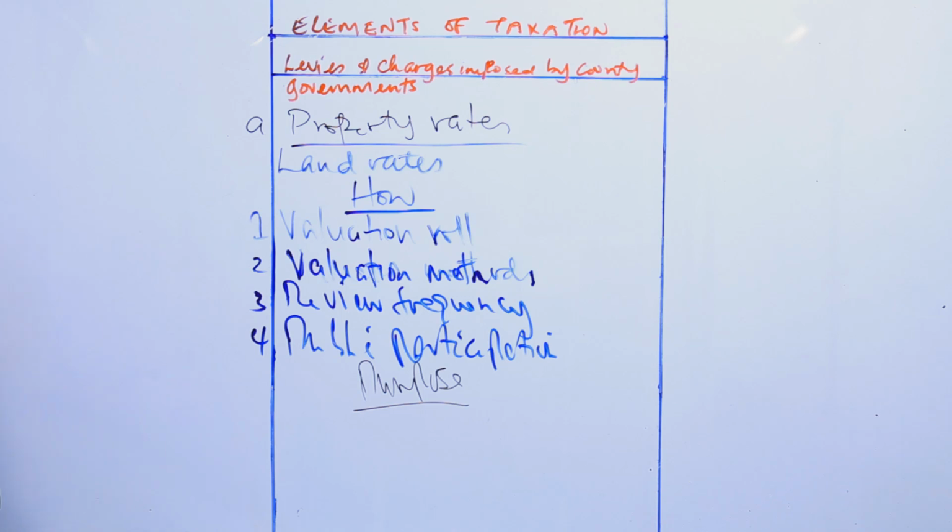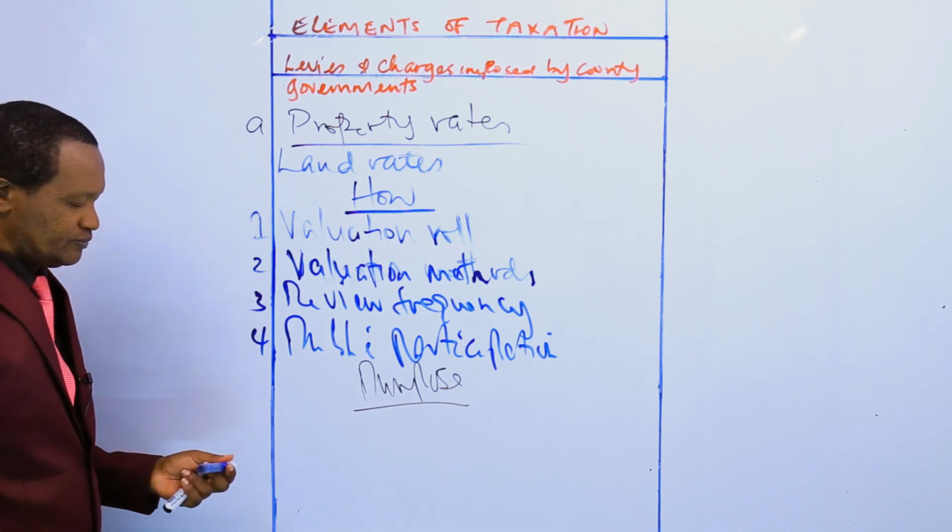Now, funds collected from property rates are used to finance various local services and infrastructure developments, such as road maintenance, waste management, water supply, and other public services within the county.